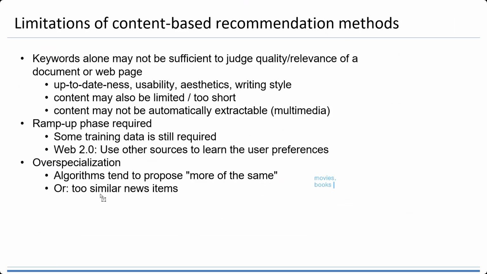Or two similar news items. So if you have a lot of sports data and you want to classify sports and entertainment, then it is also not relevant. So there are so many limitations, and I guess you can find one of the limitations and try to cover it in your team project maybe.